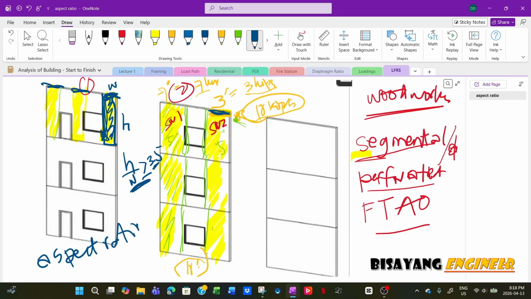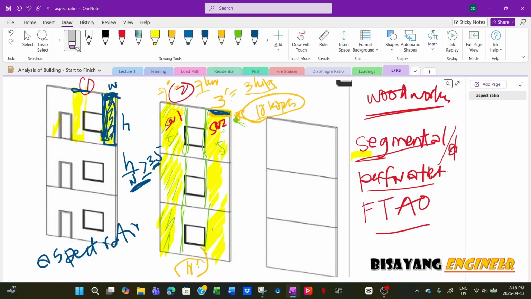If I remember correctly, this is 3.5 for wood shear wall blocked. For unblocked, I think it is 5. I can't remember exactly because I never use unblocked shear wall. So that is segmented. Now, perforated.